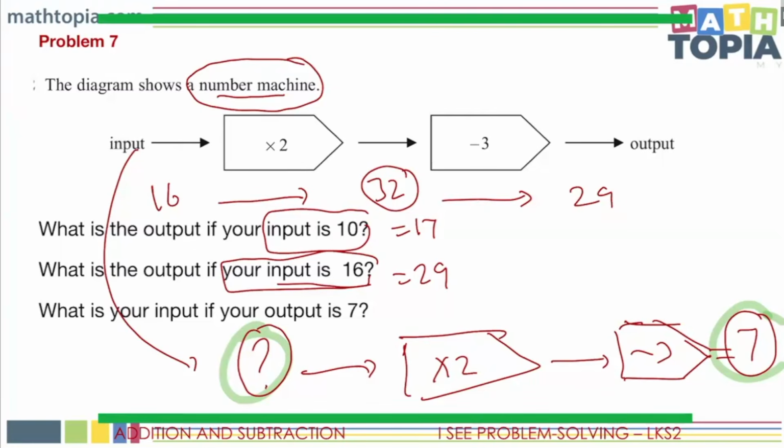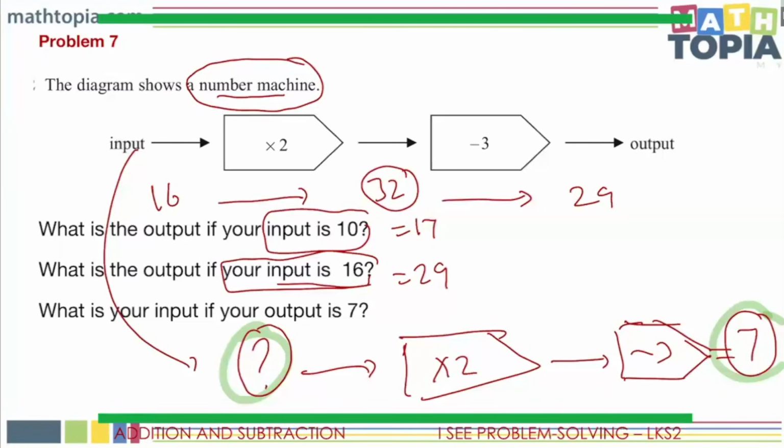Would you want to try a different number? We can always do the trial and error method, right? 9. Okay, let's try 9. You said 9.